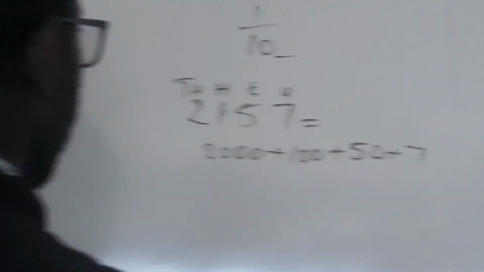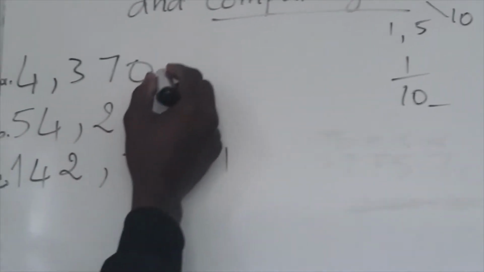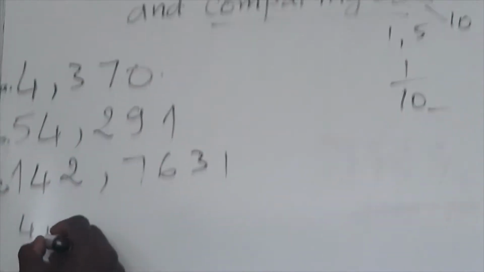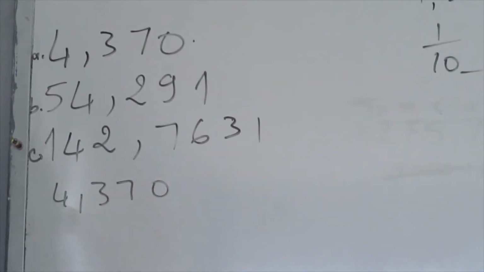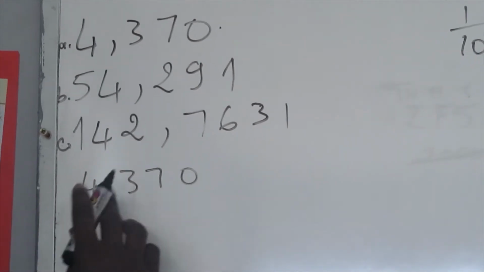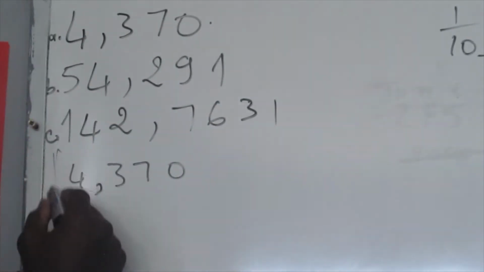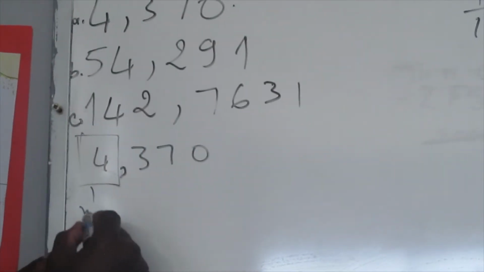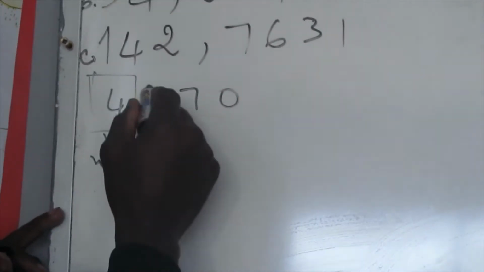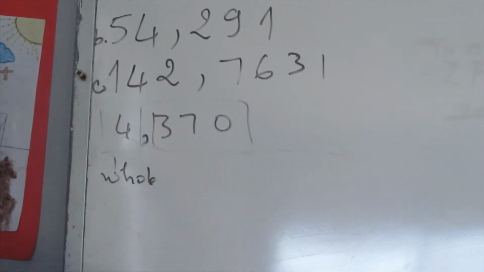So now here we have decimals. To place value a decimal number, it's the same law, but only this comma will change our way. In this number, the whole number is here, and here we have the decimal part.